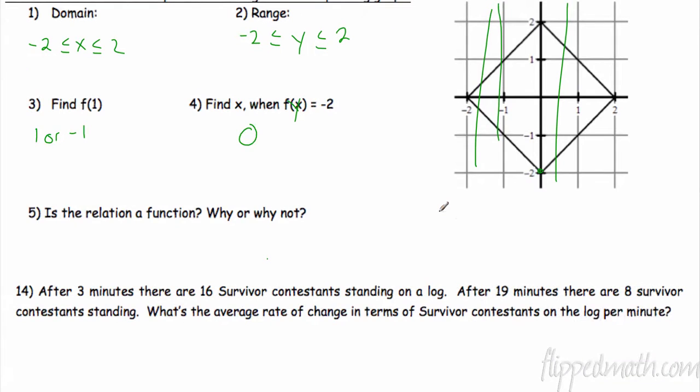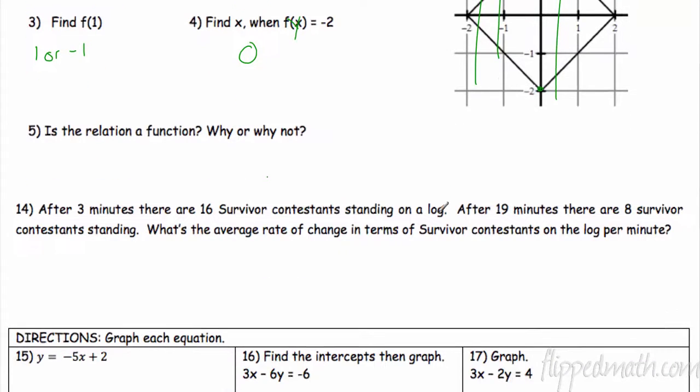All right, when we come down here, we have rate of change. Remember, rate of change, we have to find some points. 3 minutes, 16 contestants. 19 minutes, 8 contestants, and then I'm using my slope formula.